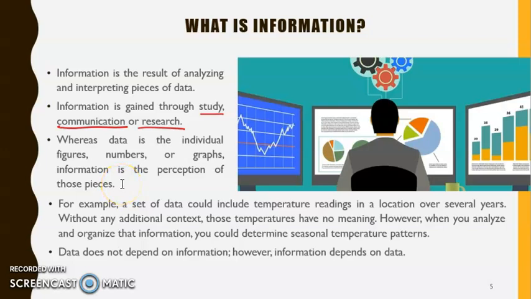So when you put a context over a set of data that you have, no matter if they are graphs, numbers, figures, or names, the conception you get, the perception you get, the scenario you can put over that collection is called information.